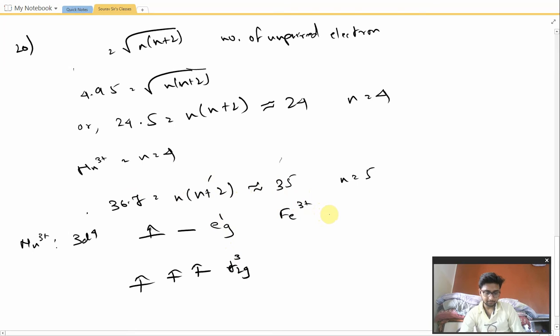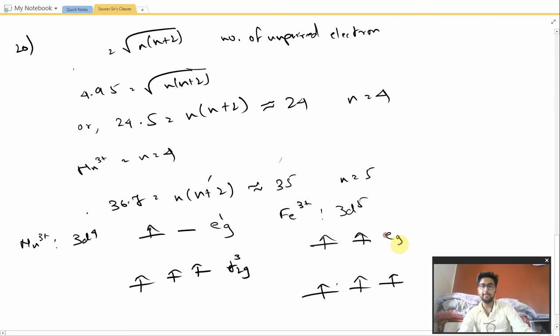If we draw the diagram for 3D5, we get 5 electrons that need to be unpaired. In the high spin complex, obviously this would be the case.